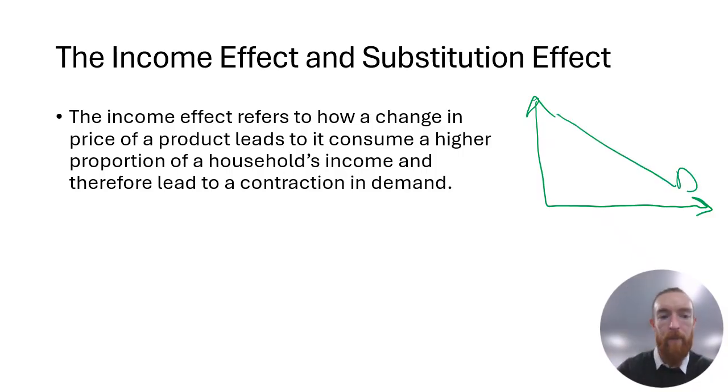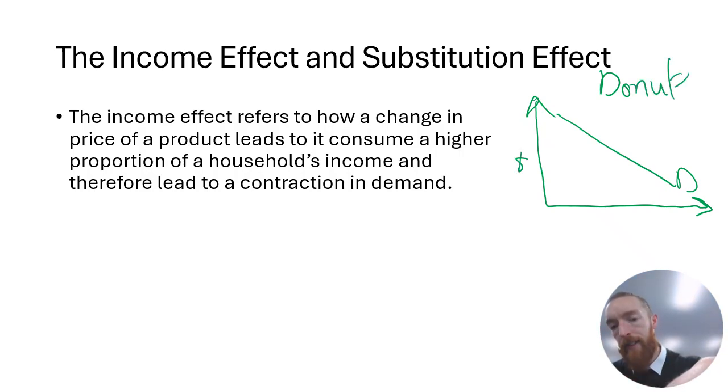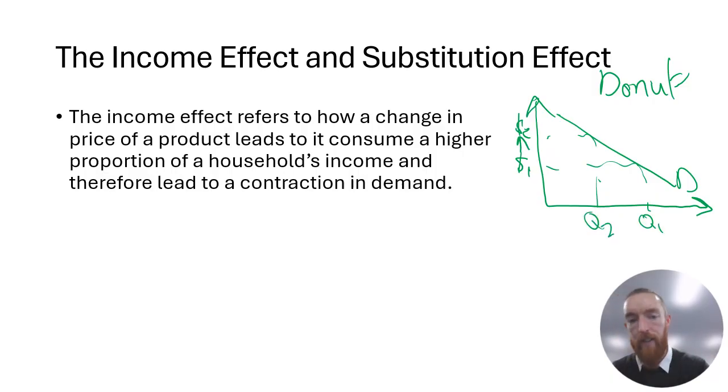So for example here, we've got donuts for the product, and donuts have gone up in price. Donuts are now going to eat up, sorry for the pun, a larger proportion of your income. So you are going to demand less of them. That is going to be a contraction in the demand for donuts based on the income effect. Because they'll take up more of your income, you want less of them.